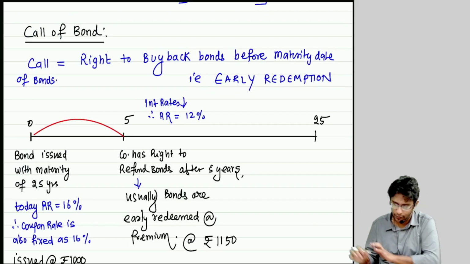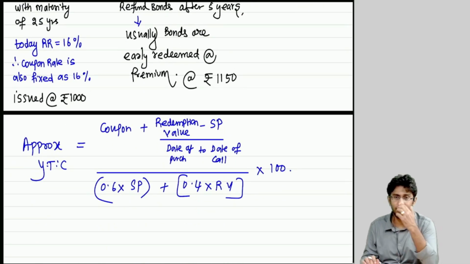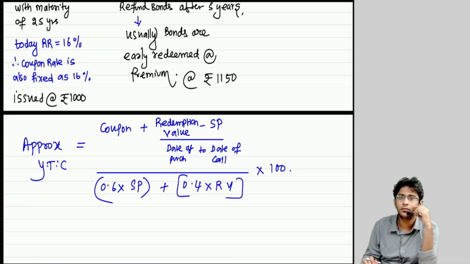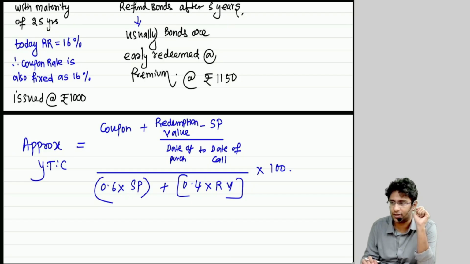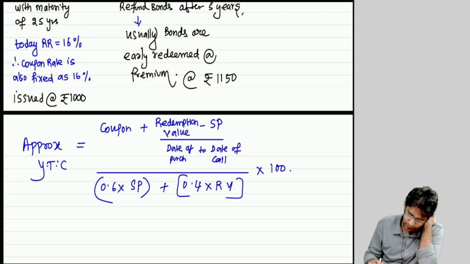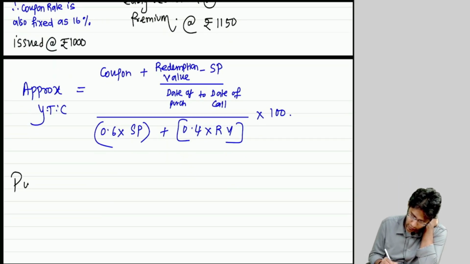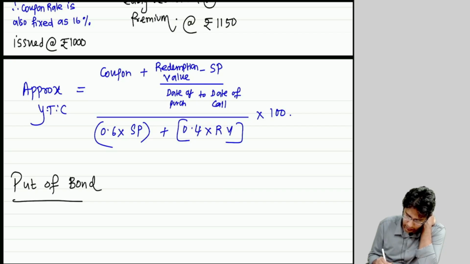This is the call of a bond. Who is exercising this right here? The company is exercising the right. The reverse is also there. This is called a put bond, or puttable bonds.